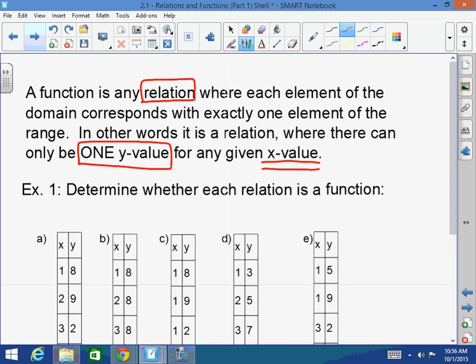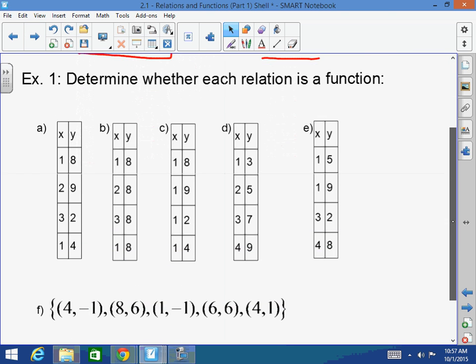I cannot have different y values for the same x value. I can have different x values for the same y, but I cannot have different y values for the same x value. Let me explain what I mean.